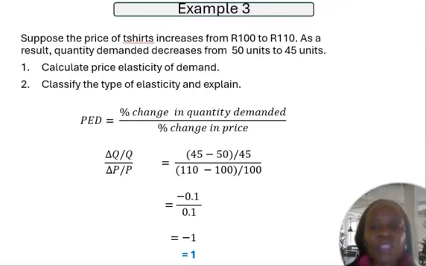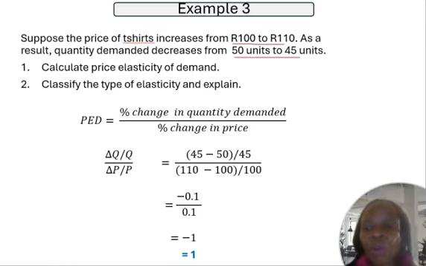Suppose the price of a t-shirt increases from 100 to 110. As a result, quantity demanded decreases from 50 to 45. We get an answer of minus 1 and an absolute number of 1.